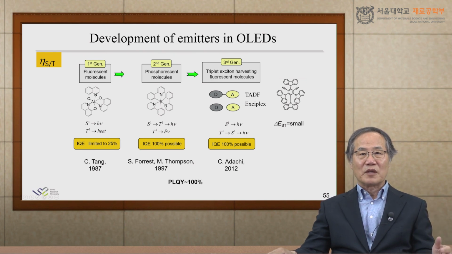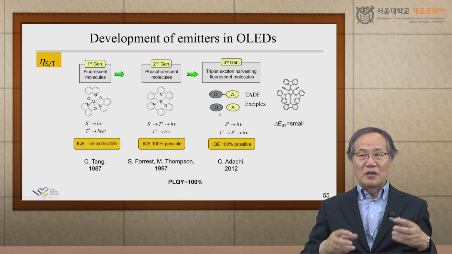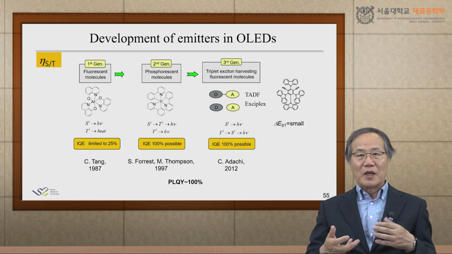And then they reported that nowadays 100% PLQY is easily obtained, reported many times, for many molecules using these molecules now. And then 15 years later, other fluorescent molecules, but this time the singlet triplet energy gap is so small, which has donor acceptor structures, and the molecular orbital overlap between donor and the acceptor is small, so that the singlet triplet gap is small.